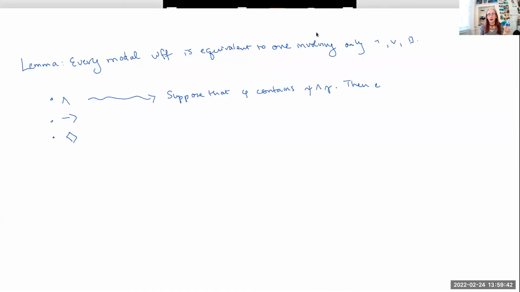Now, I'm going to share my screen and I'm going to clear everything here because that wasn't supposed to be there. The lemma that we are going to prove, as I said, is every modal well-formed formula is equivalent to one involving only negation, disjunction, and necessity. Now, you might be saying here, well, what about atoms? They don't have any connective.